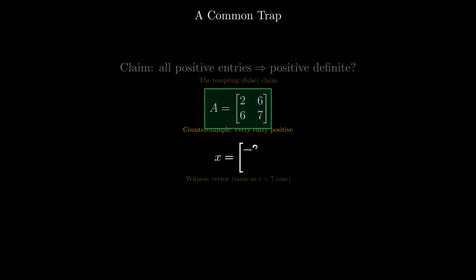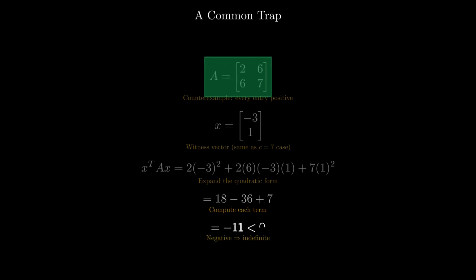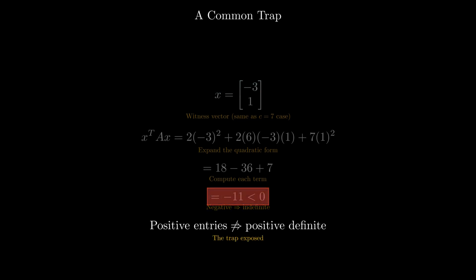To see it directly, plug in the vector with x1 equal to negative 3 and x2 equal to 1. We get 2 times 9 plus 12 times negative 3 times 1 plus 7 times 1. That's 18 minus 36 plus 7, which equals negative 11. Negative. So positive entries are not the test for positive definiteness.